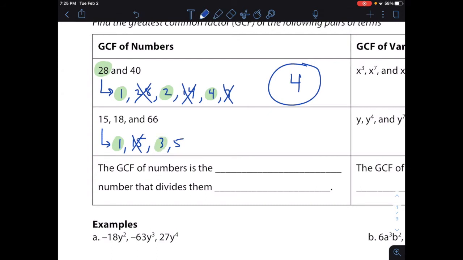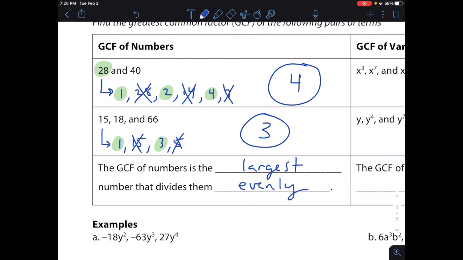In order for 5 to work, it would have to end in a 0 or a 5, and neither one of those do, so we can cross off the 5. So the greatest common factor between 15, 18, and 66 is just the number 3. The general rule that you want to follow is the GCF of numbers is the largest number that divides them evenly.